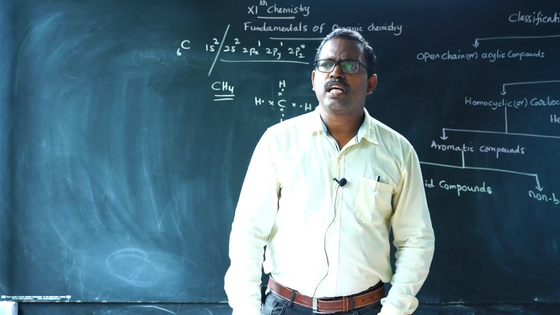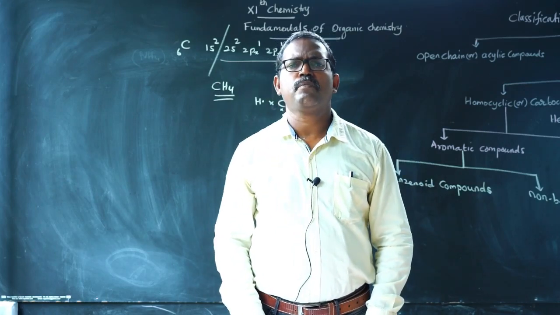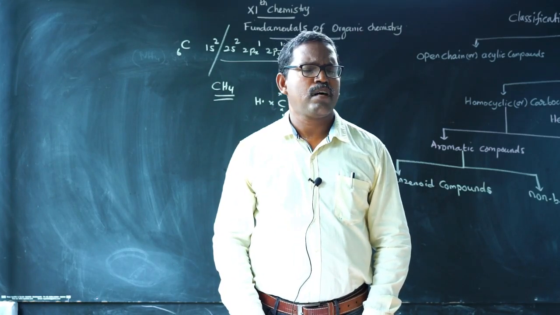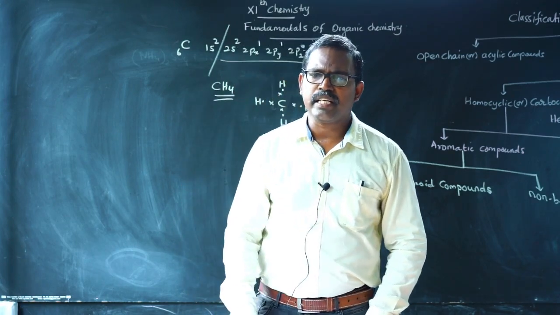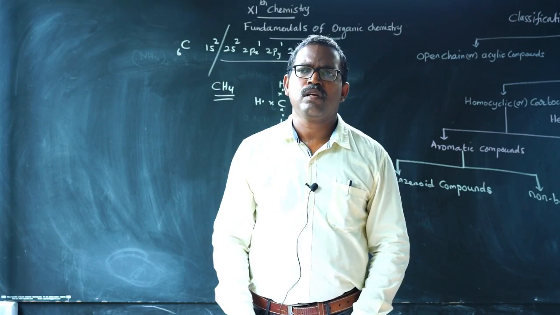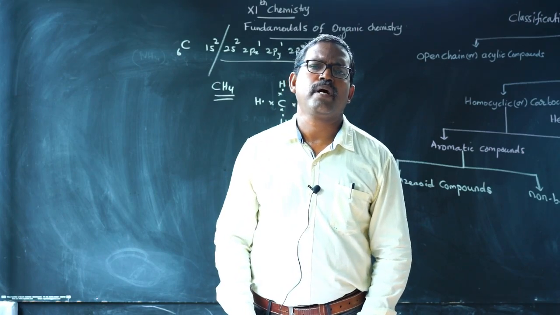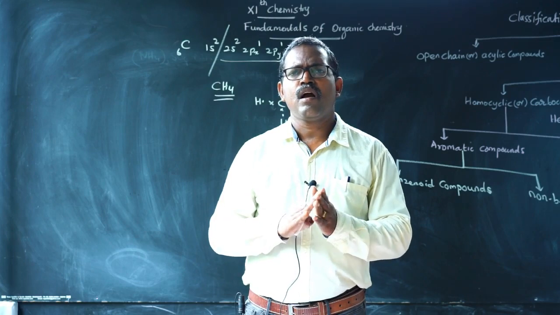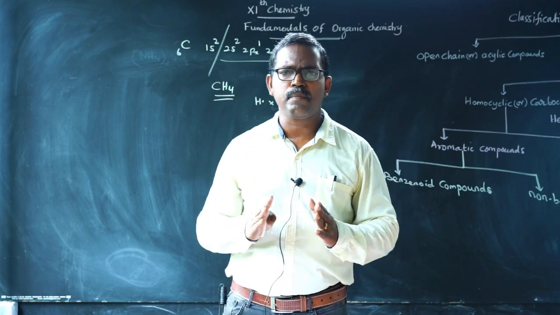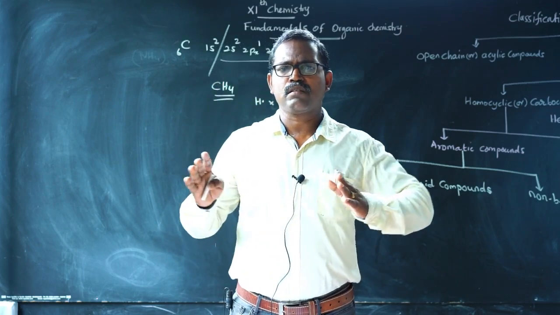Another important property shown by carbon compounds is catenation. What is catenation? Catenation is a unique property shown by carbon. Carbon easily forms chains of covalent bonds with other carbon atoms.